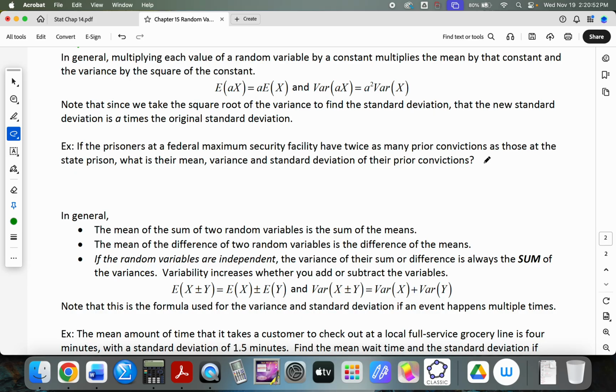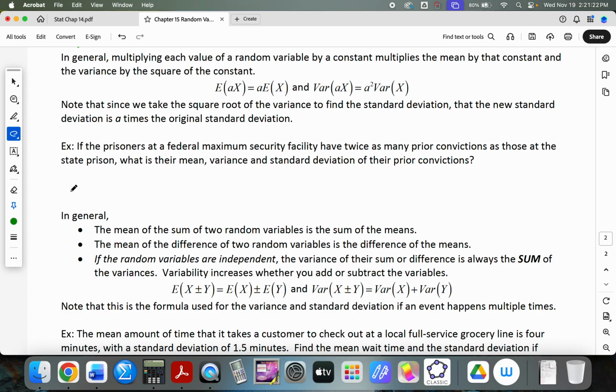So note that since we take the square root of the variance to find the standard deviation, the new standard deviation is a times the original standard deviation, because we're taking the square root of the variance. So, if the prisoners at a federal maximum security facility have twice as many prior convictions as those at the state prison, what is their mean, variance, and standard deviation?